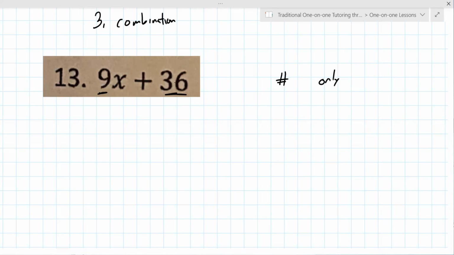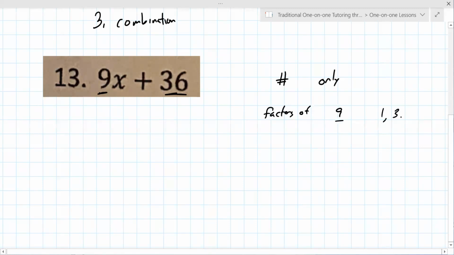Sometimes it's better to go to the smaller number. What are the factors of 9? Factors of 9: 1, 3, and 9. Do any of those go into 36? Yeah, 9. So 9 goes in.